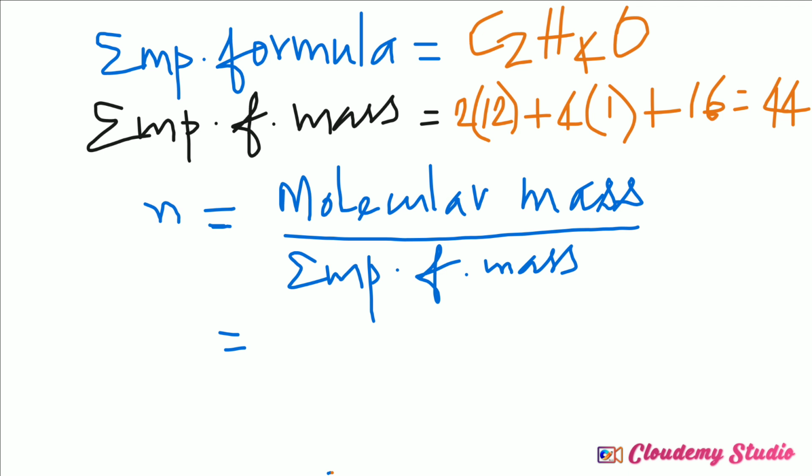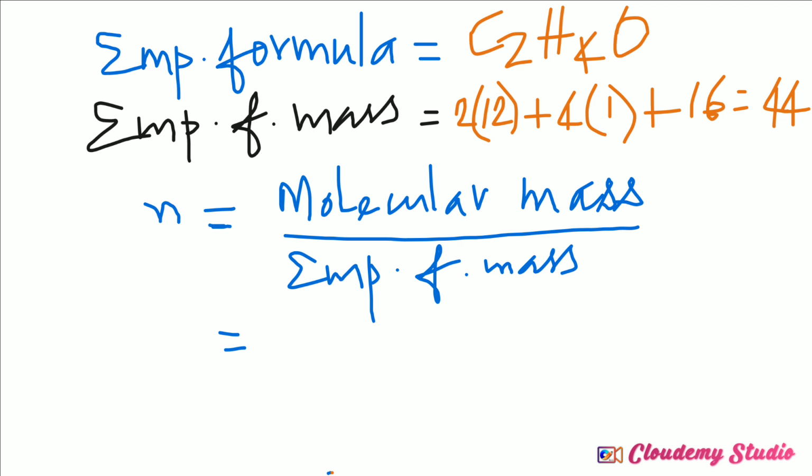Now next we need to calculate the value of n. The n value is calculated by dividing the molecular mass by the empirical formula mass. n is equal to molecular mass divided by empirical formula mass.